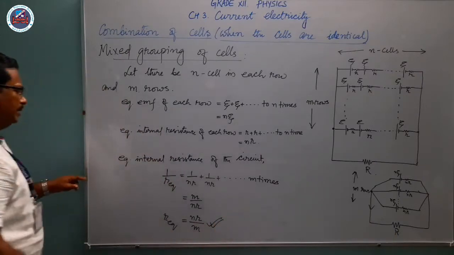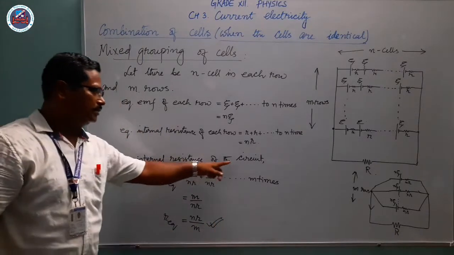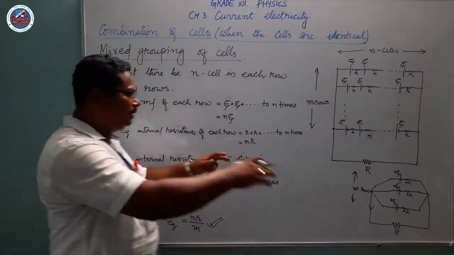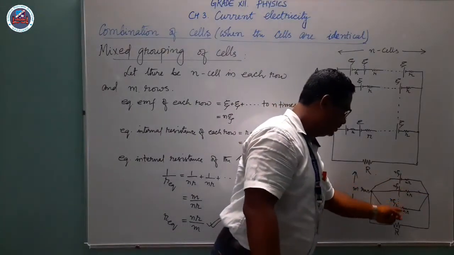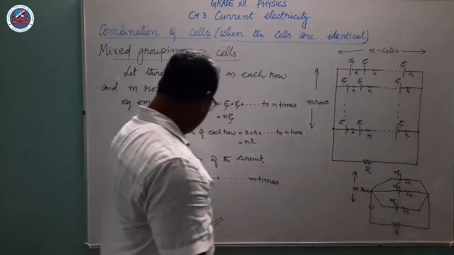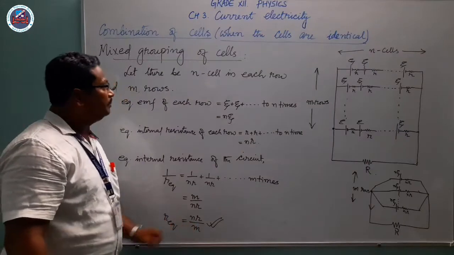So this is the equivalent internal resistance of the circuit. And the equivalent resistance of the whole circuit, not only the internal resistance, this external resistance also you have to add. Capital R plus nr by m.